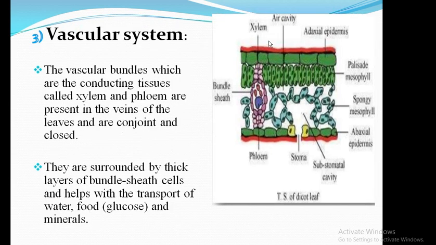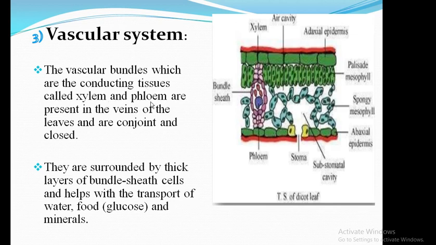The third structure we can see in the anatomy of the dorsiventral leaf is the vascular system. The vascular system consists of xylem and phloem, or the vascular bundles, which are the conducting tissues.